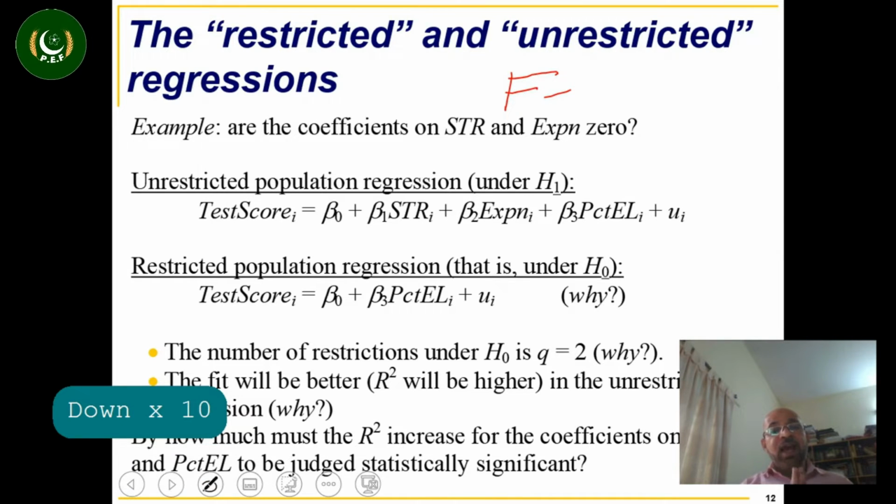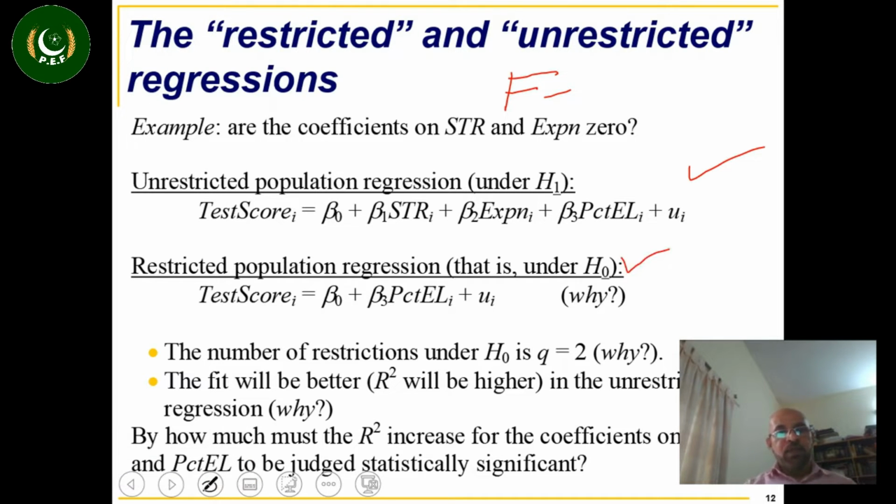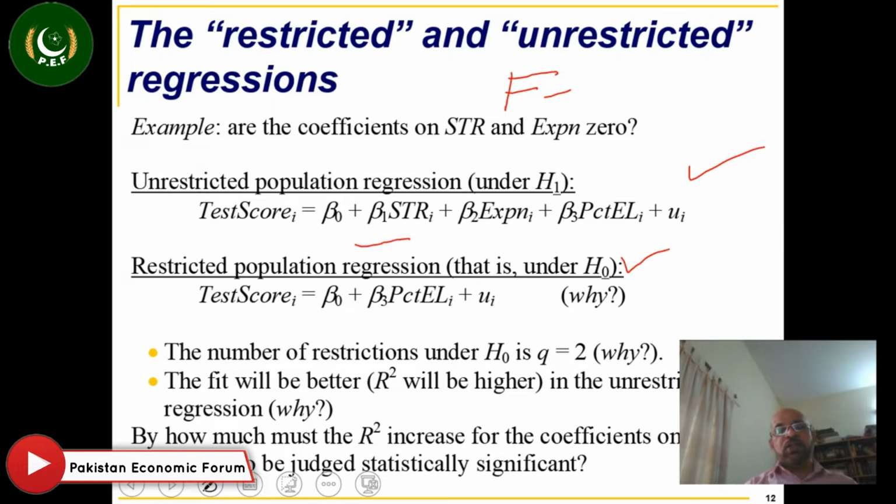We have an unrestricted model. What is unrestricted model? Unrestricted model is a larger model where all variables are included. So this is the claim by the superintendent, and this is the claim by the taxpayer, that these two variables, class size or expenditure per student, have nothing to do with it.